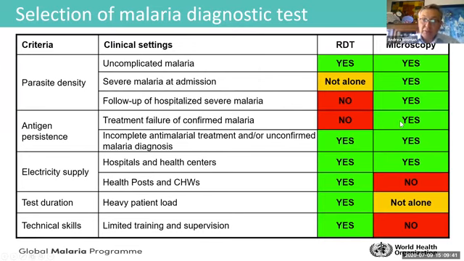Or if I have somebody who has been already treated for malaria and is coming back and I have a suspicion of maybe treatment failure, then I need to use again microscopy. So these are the two very specific functions for which we really have no doubt microscopy is better than RDTs.